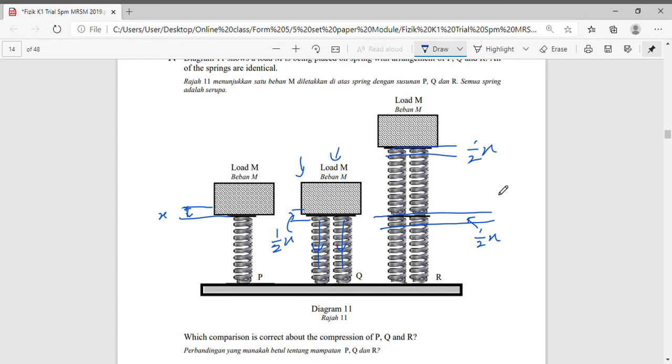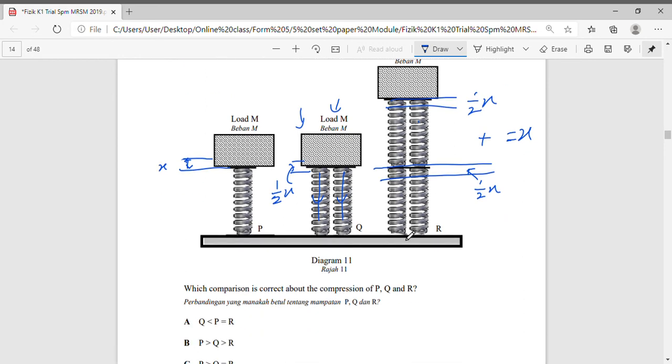When you sum up the total compression for all the springs, both upper and lower parts, it will be x. So in this case, P and R have the compression of x. That means P and R are the same.